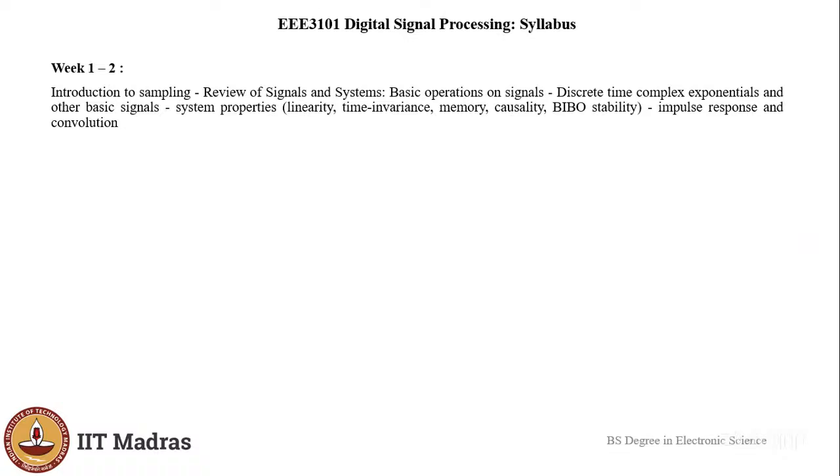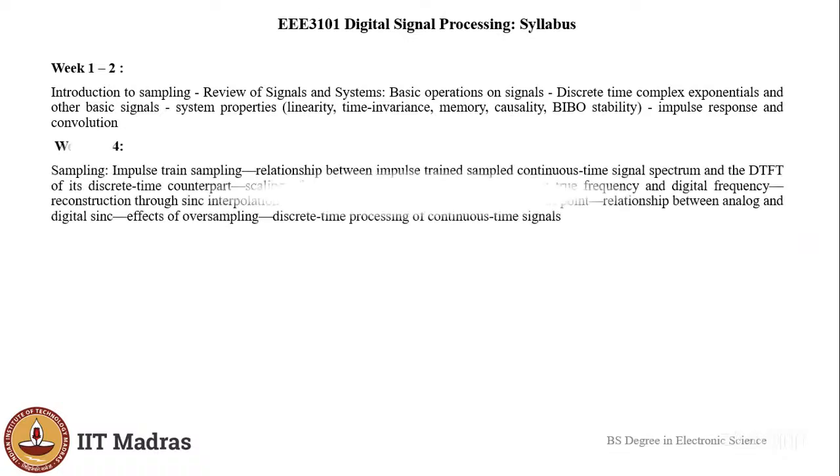Here we will be studying them for discrete time systems. Then the last part of weeks 1 and 2 is impulse response and convolution. The same thing you have studied in the continuous domain, here we will be doing for the discrete domain. Then in weeks 3 and 4, you will be having what is known as sampling. We will be discussing in detail how from a continuous time signal you will get a discrete time signal.